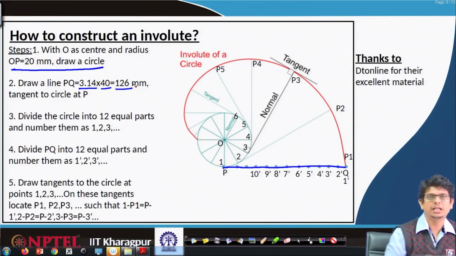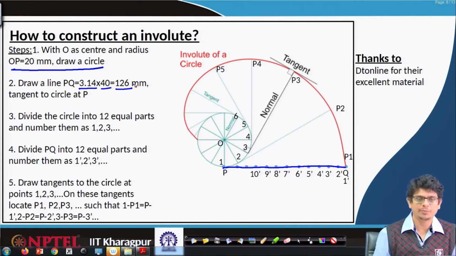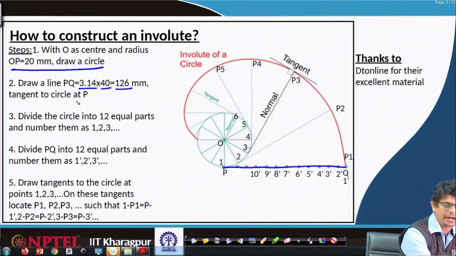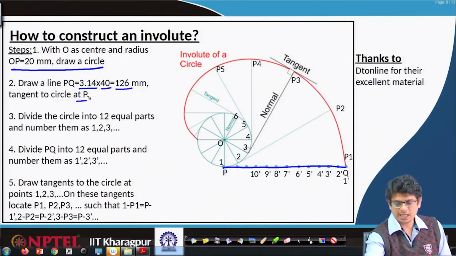If the circle rotates on a base point, the locus of the thread's end point as it moves is what we call an involute. So, draw a line at point P with 126 mm.